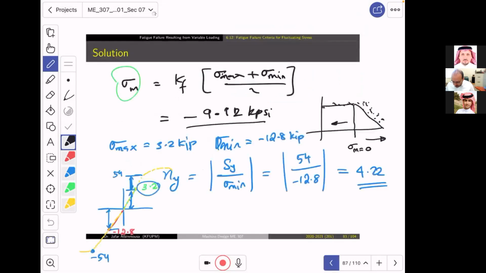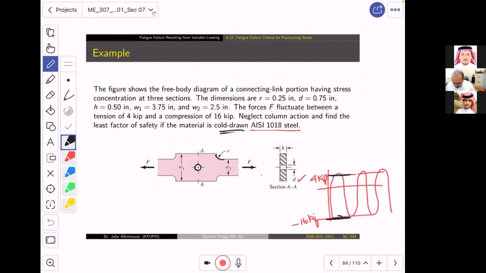Okay. Now the question is, what is the area? Let me go back to the figure. What does it say here? It says that W1 is equal to how much? 3.75. Do you understand? And look, what is small d? It is 0.75. What is h, the thickness? It is 0.5.